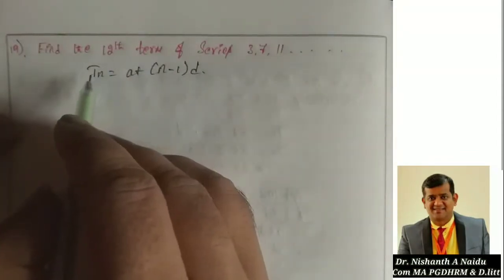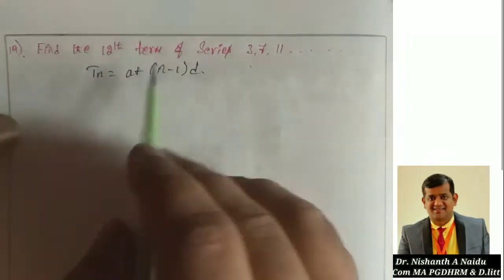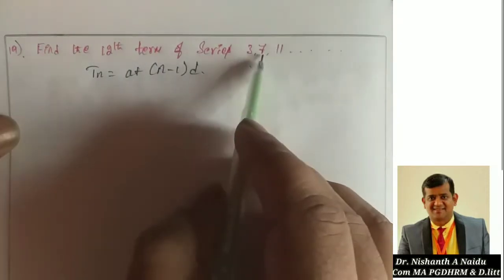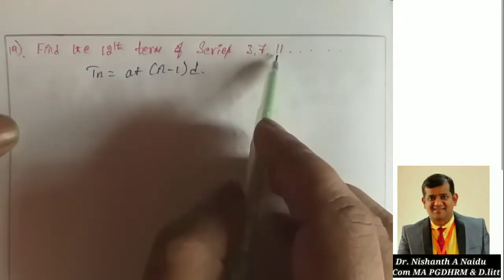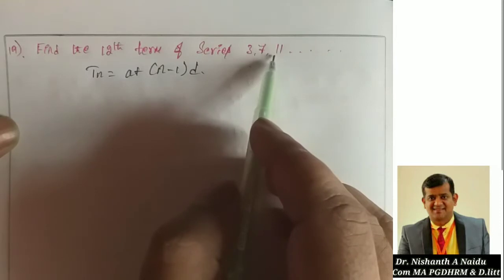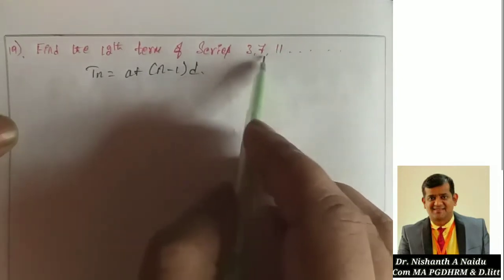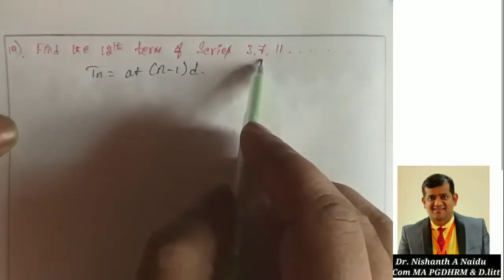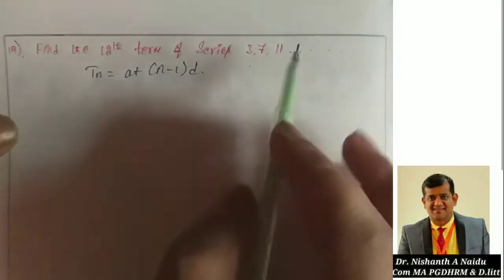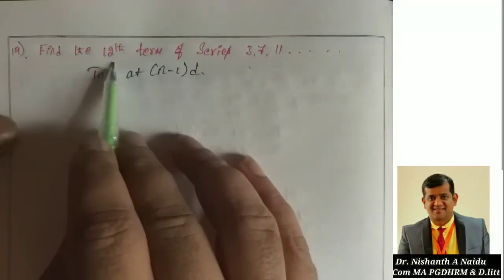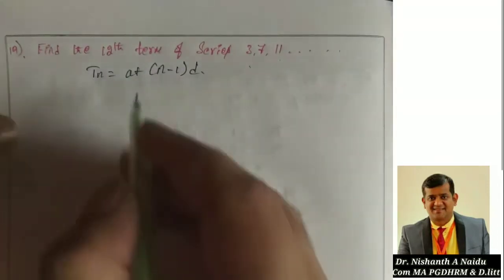Here A is 3 and D is 4. 7 minus 3 is 4, 11 minus 7 is 4. So the common difference is 4, and n is 12. Let us apply this.